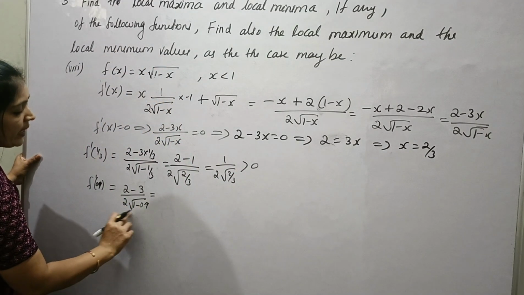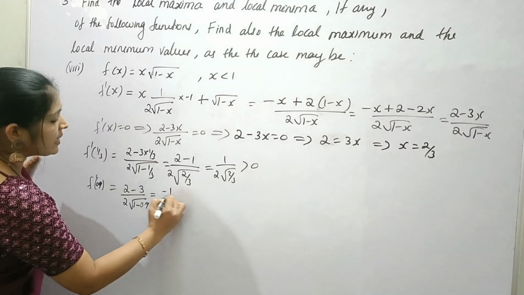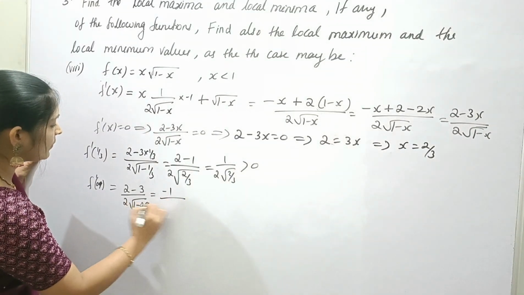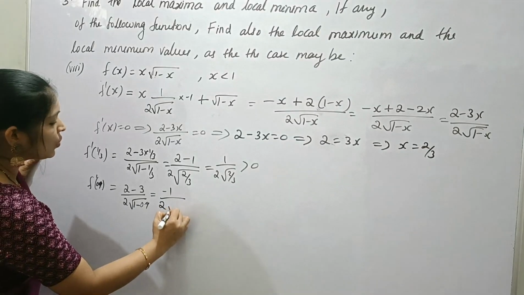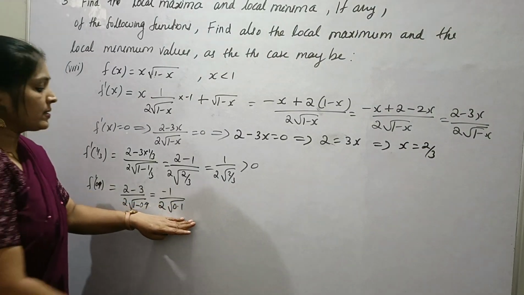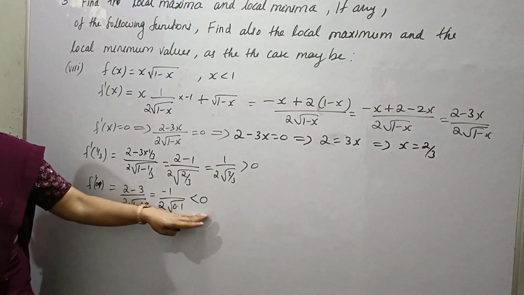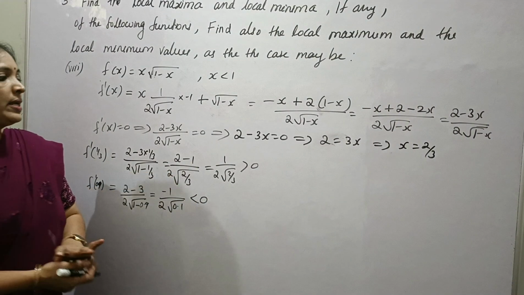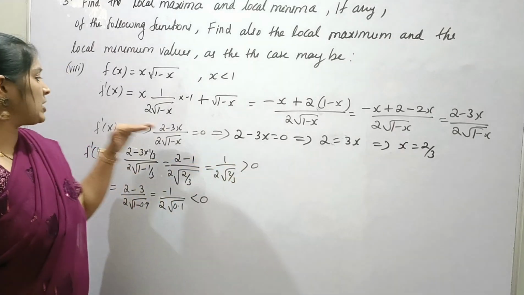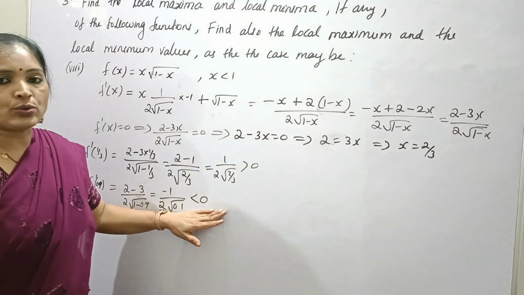So if we take 0.9 for example, it will be minus 1 divided by 2 into root of 0.1, right? So see, it's always less than 0, because of the minus 1. So here the sign of f dash of x changes from positive to negative, right?